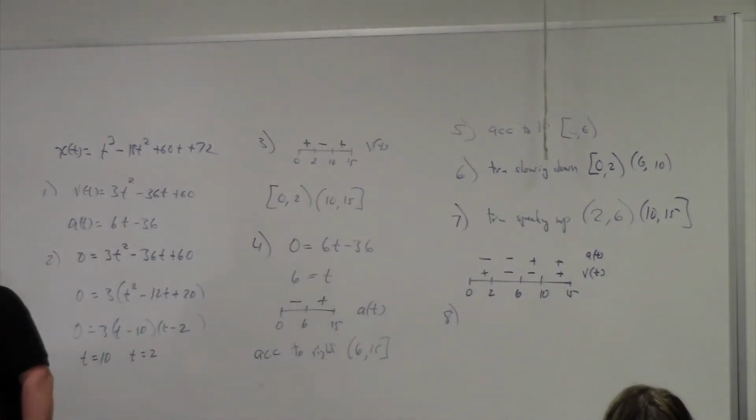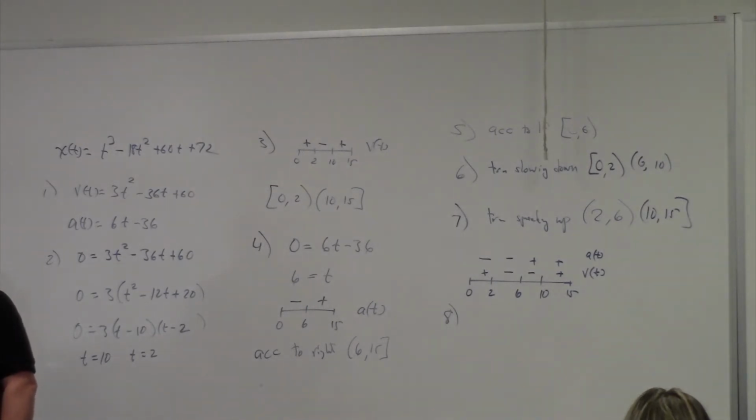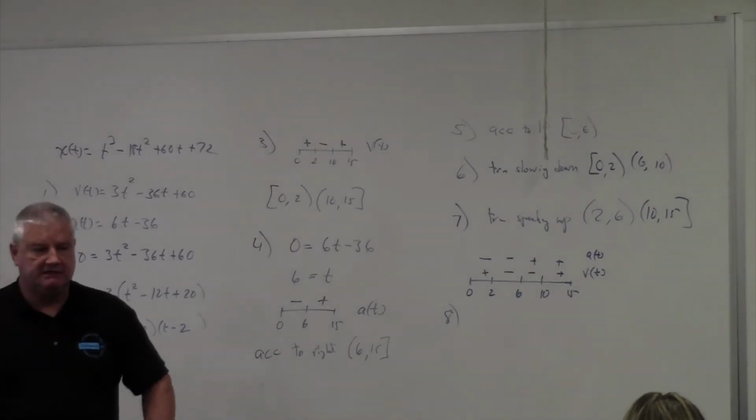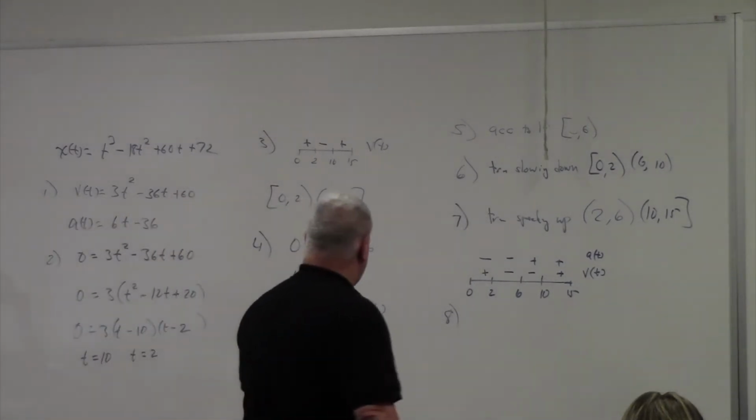What's number 8? What is the total distance the trailer traveled during the 15 seconds? The total distance the trailer traveled. Now this is another reason why I do Crazy Wayne, but there are probably some better situations for this. But let's see.